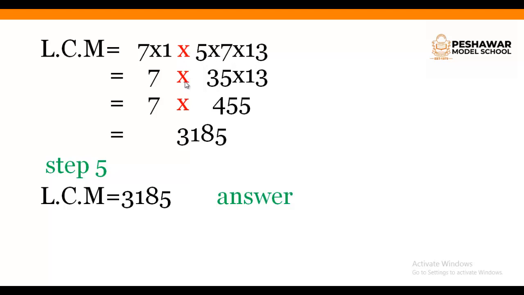This multiplication sign is related to the formula. 35 multiply with 13, you will get 455. And when you multiply 455 with 7, you will get 3185. This is your LCM. So at the end, in step 5, 3185 is your answer, which is your LCM.